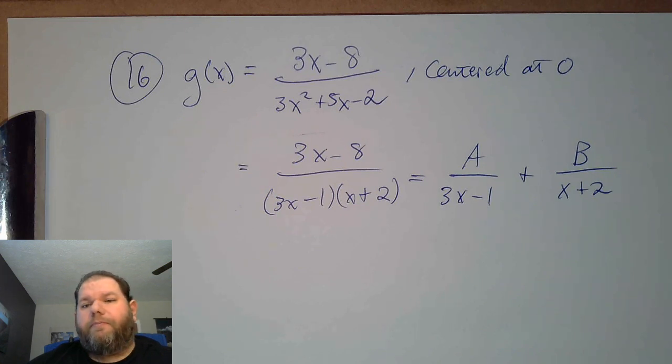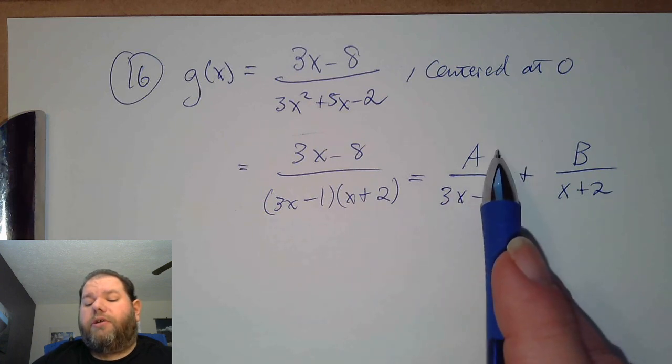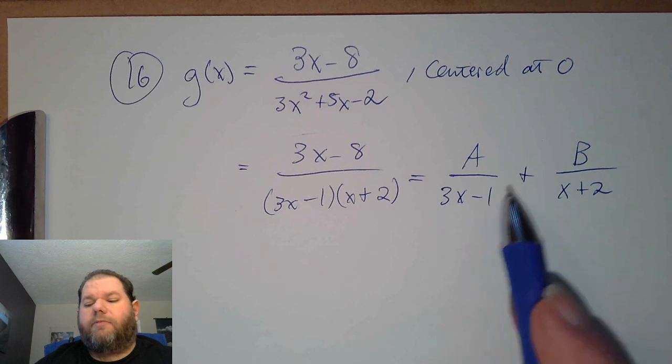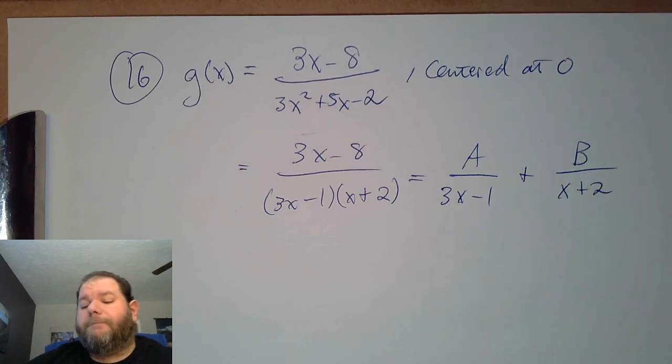The method of partial fractions says that we have unique factors here, so we can make this one unknown constant over one part of that denominator plus another unknown constant over the other part. Alright, let's continue.